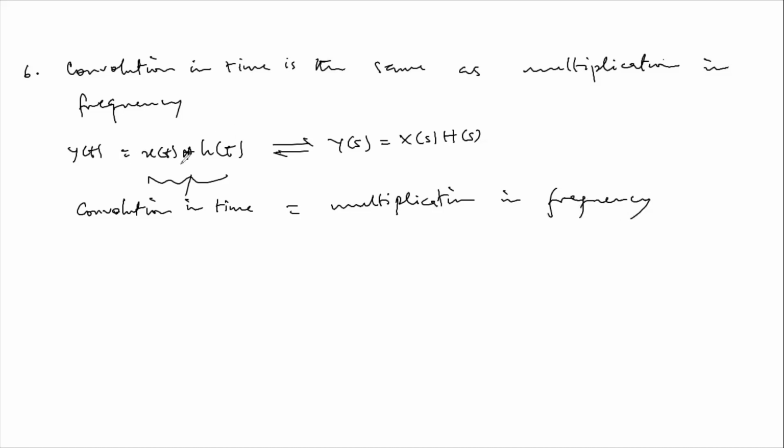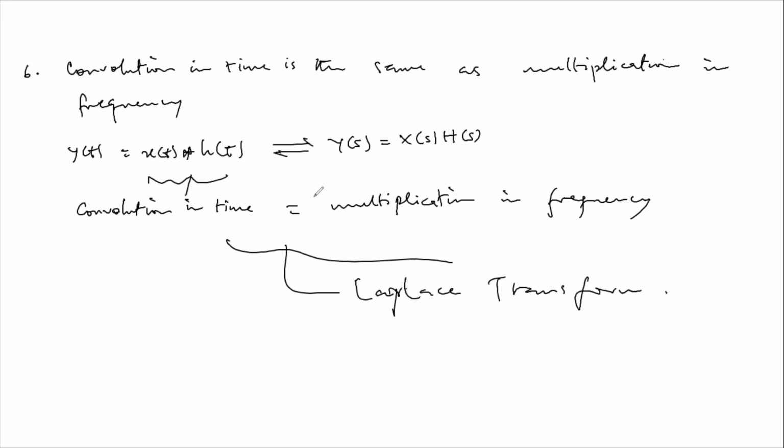When we move from the time domain to the frequency domain, say via the Laplace transform technique, what we end up doing, the convolution equivalent in the frequency domain, becomes multiplication. So we rather multiply these parameters. Whereas if we take the inverse Laplace transform, coming back from the frequency to the time domain, then it is convolution in time.